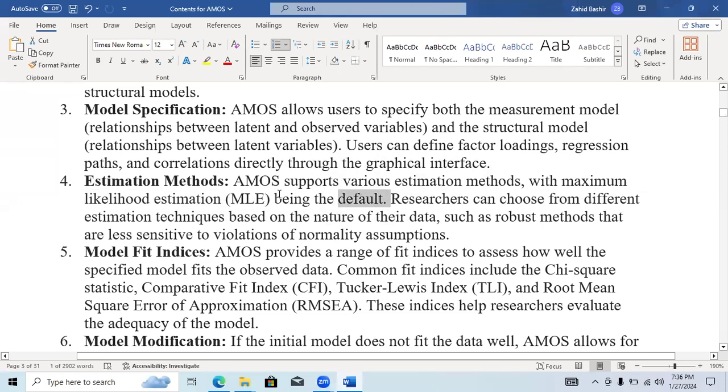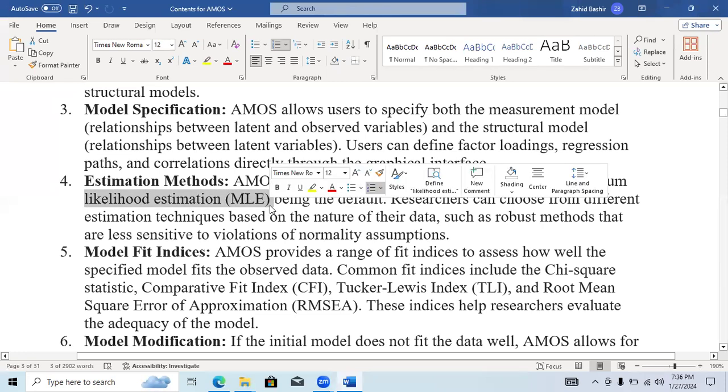Researchers can choose from different estimation techniques based on the nature of their data, such as robust methods that are less sensitive to violations of normality assumptions. So if your data is normal and your number of observations is greater than 30, then most probably you are going to use maximum likelihood estimation.